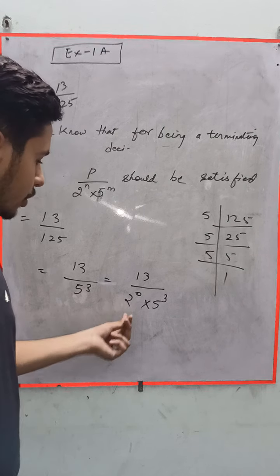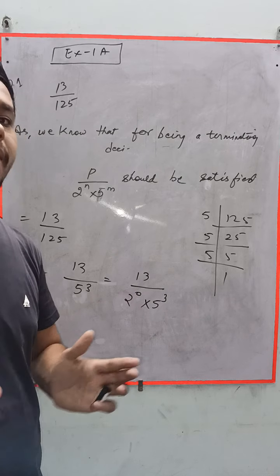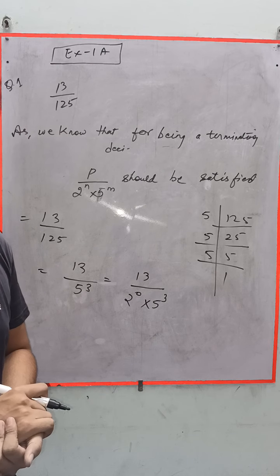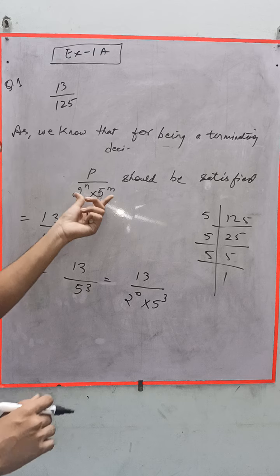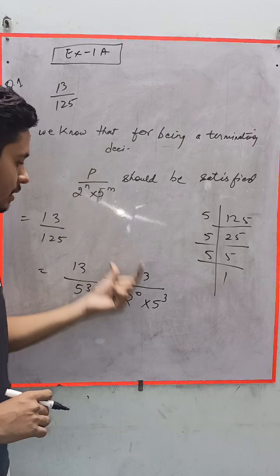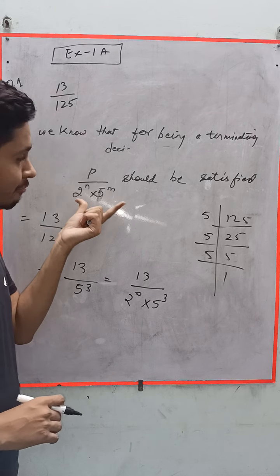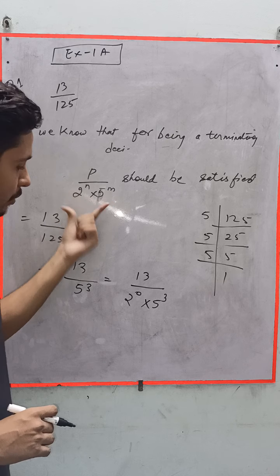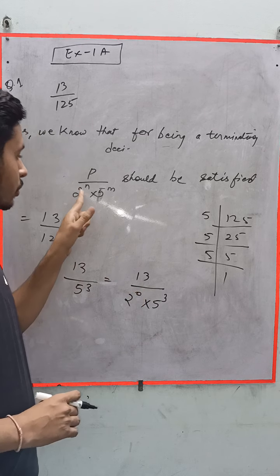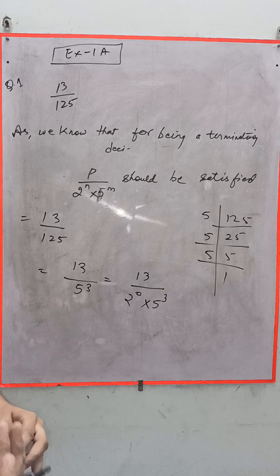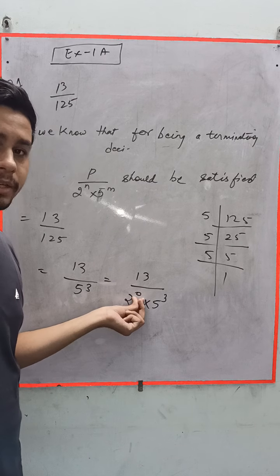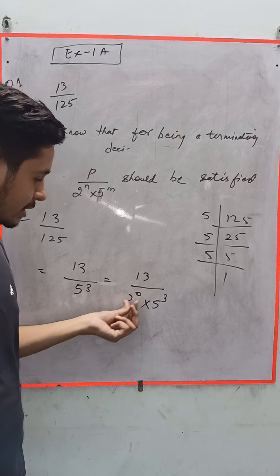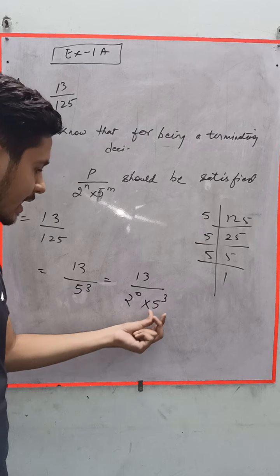We know that 2 to the power 0, or anything to the power 0, is 1. So to mold this into the formula, we are writing 2 to the power 0, and as I told you, n and m are whole numbers, so it is acceptable here to write 2 to the power 0, which is 1, and 5 cube.